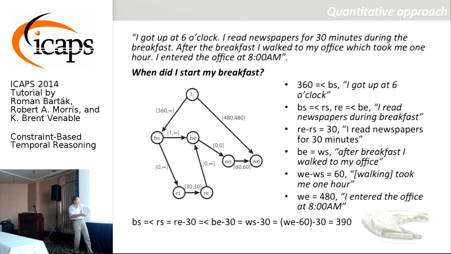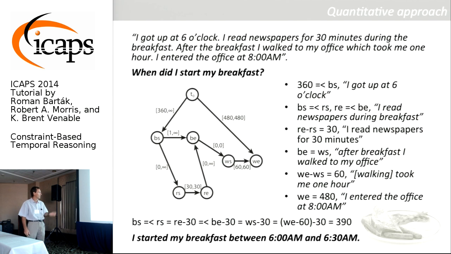And now I can substitute. I know WE is 480. So 480 minus 60 minus 30 is 390. So the answer is, yeah, I started my breakfast sometime between 6 o'clock and 6:30. Right? So I deduced new information which was not explicitly included in the initial description by reasoning with times.